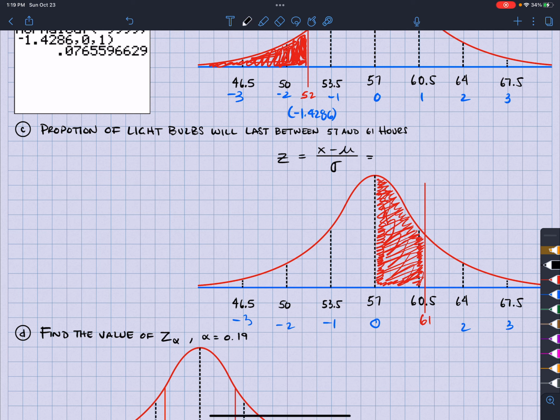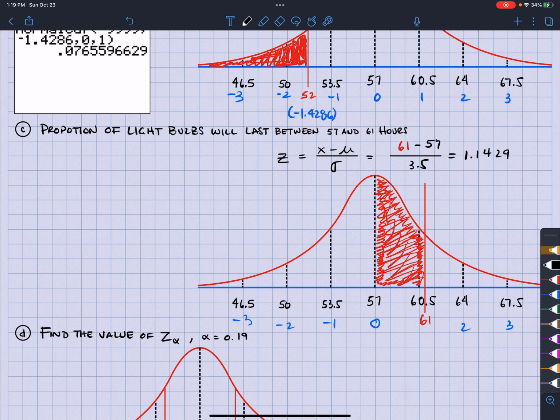So this is going to equal my 61 minus the mean, which is 57, over the standard deviation, which is 3.5. And when I do that, I get a positive 1.1429.